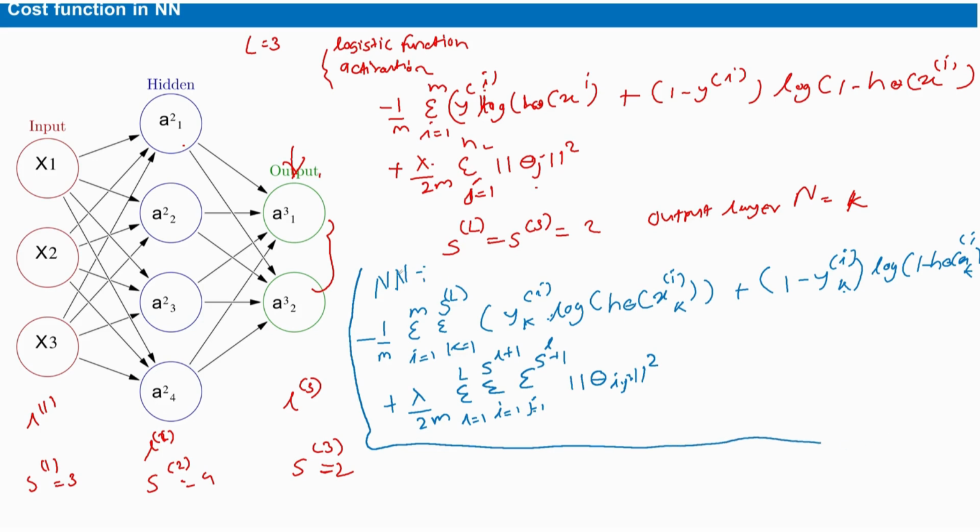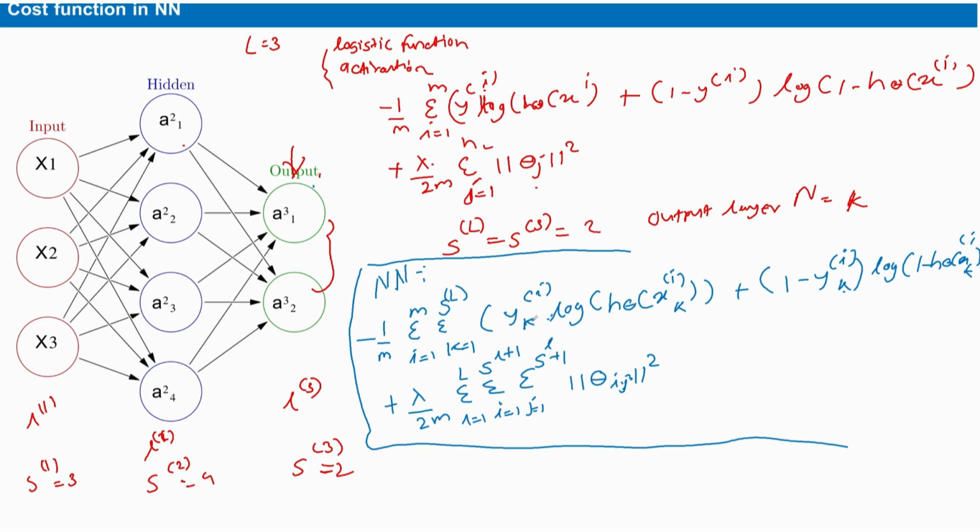I know it is difficult to understand, but we just need to keep in mind that in the neural network we need to compute the cost with respect to the number of neurons in the output layer. Because of that, this term gets added: summation over k equals 1 to the number of neurons in the last layer. All the things are the same as logistic regression, but just this kth term we need to consider.